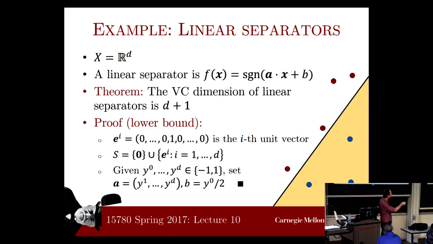It takes the dot product of a and the given x, adds b, and then takes the sign of this. If this is greater than or equal to 0, we label by plus. If it's smaller than 0, we label by minus. Okay? So that's a linear separator. And a theorem about linear separators is that their VC dimension is d plus 1 in d-dimensional space.